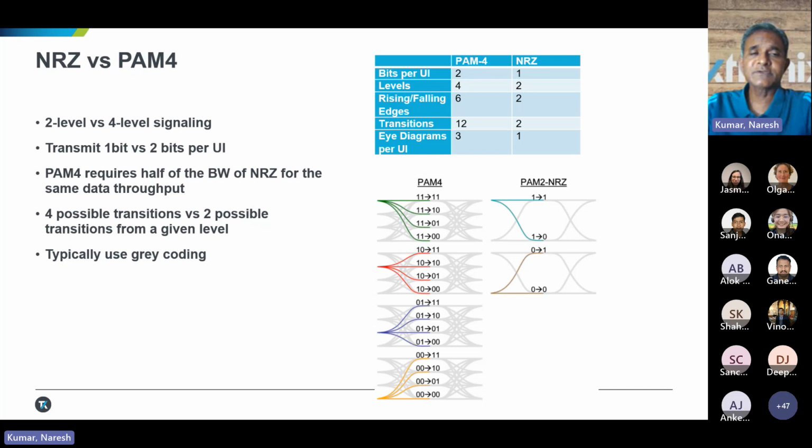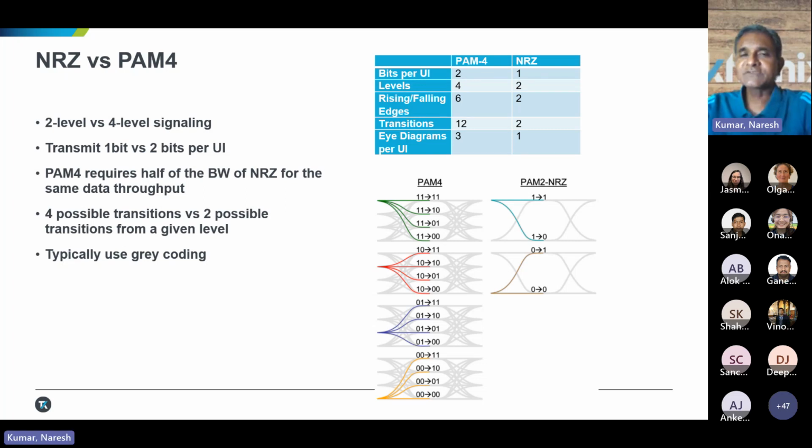So four possible levels versus two, right? And if you really see, the number of transitions possible are 12 for PAM4, whereas there are only two transitions in NRZ, which is low to high and high to low.